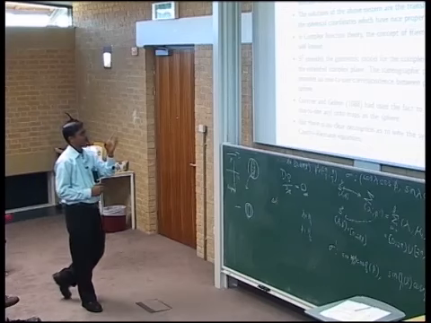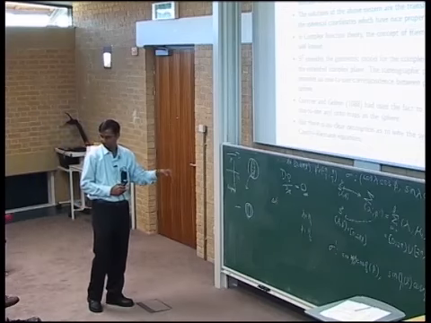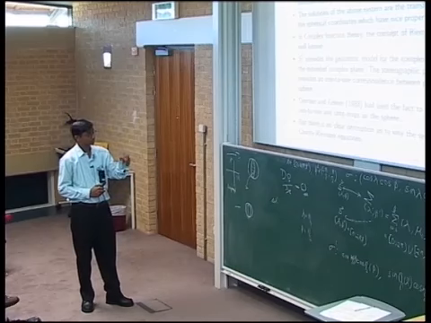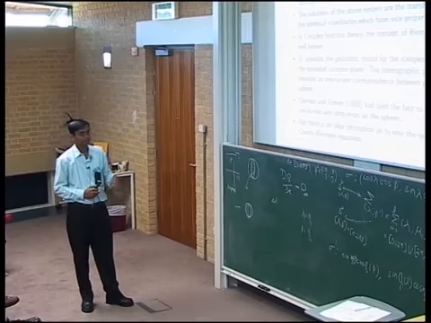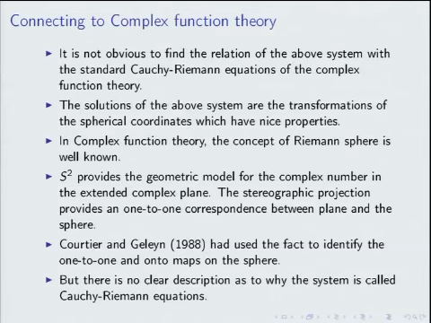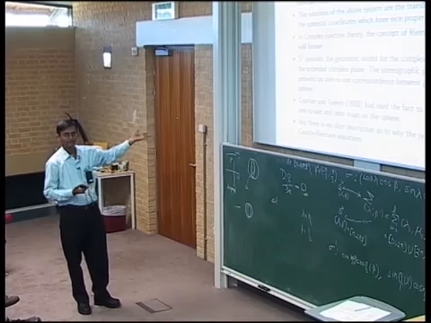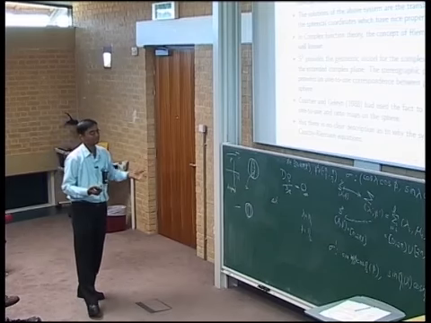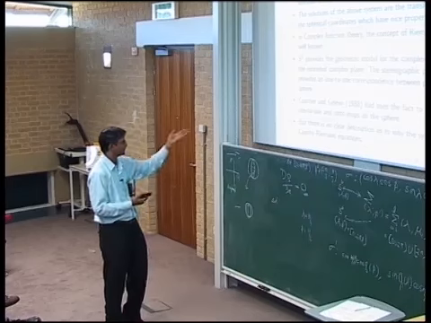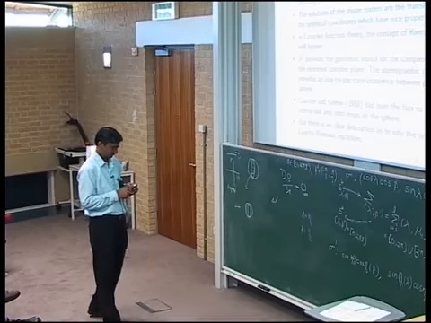Cauchy and Jalan actually used that fact to show that the Schmidt transformation is a unique one-to-one transformation on the sphere. That apart, as far as the Cauchy-Riemann differential equations go, we cannot see why it is called Cauchy-Riemann. It was not coming out of there.